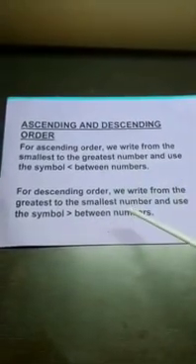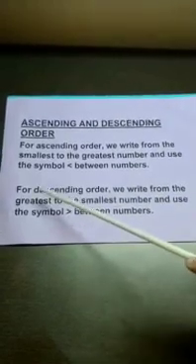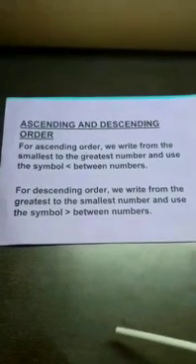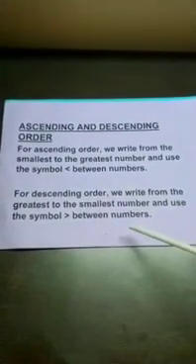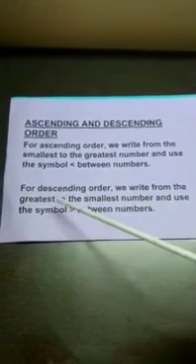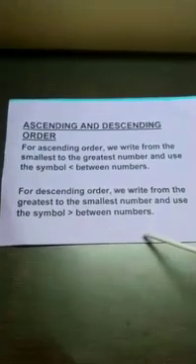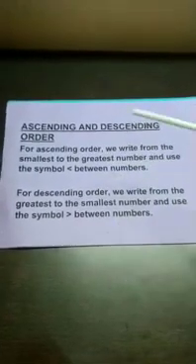One trick to remember the difference between ascending and descending order is that descending starts with the letter D. That means going down the number. Going down the number means greatest to smallest number. So in descending order, we go from the greatest number to the smallest number, and in ascending order, we do just the opposite.